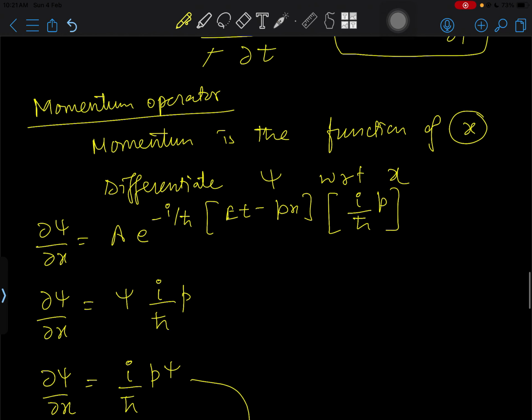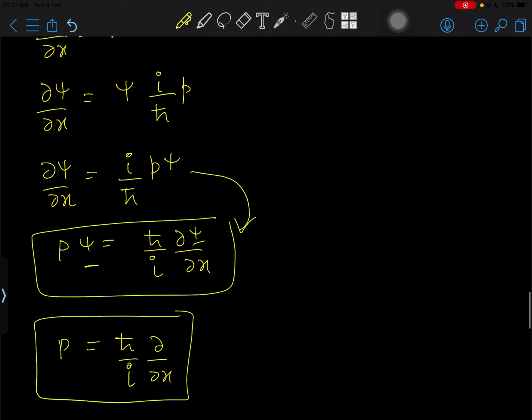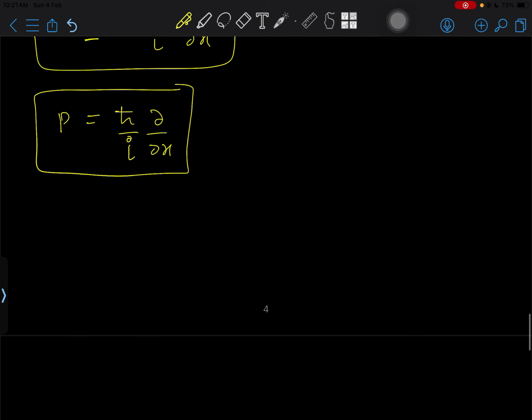But as we discussed in the energy operator, we converted the relation in such a way that iota does not come into the denominator, so that our calculation becomes simple. The same principle we apply here. We multiply and divide this relation by iota itself, so we get p is equal to iħ ∂ over i square ∂x.